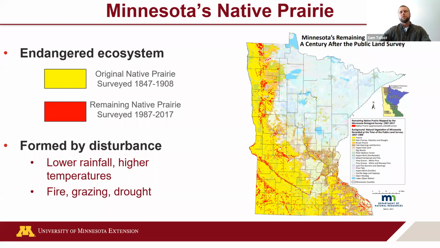So we want to bring back not just the plant communities, but also the fire, the grazing, and when we can't necessarily do a prescribed burn on all sites, and we can't bring back bison on every site, though we would want to, we can use other tools and techniques, mowing, removing that thatch, to essentially mimic those disturbances.